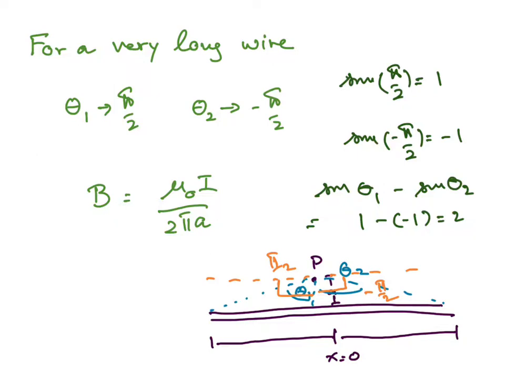This formula is quite important, and we will use it again when we discuss Ampere's law. In Ampere's law we will see that we can calculate the magnetic field from this long straight line very easily, much easier than using the Biot-Savart law.